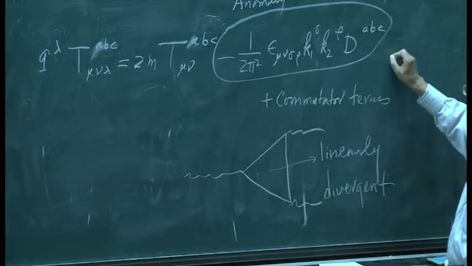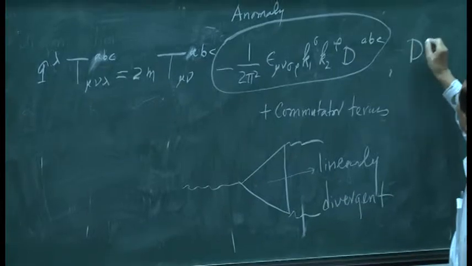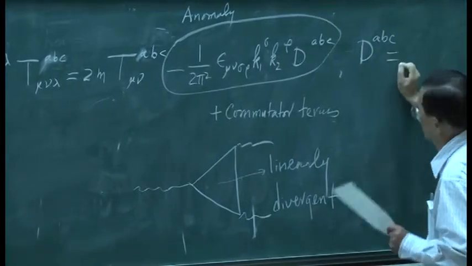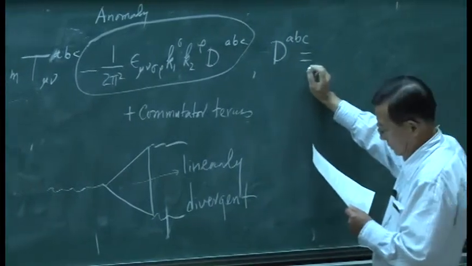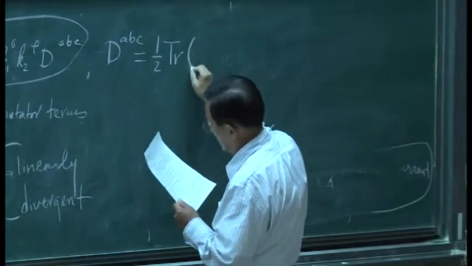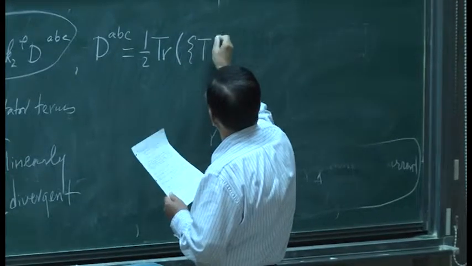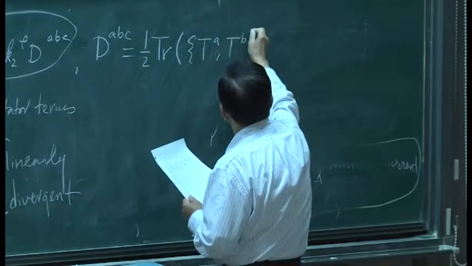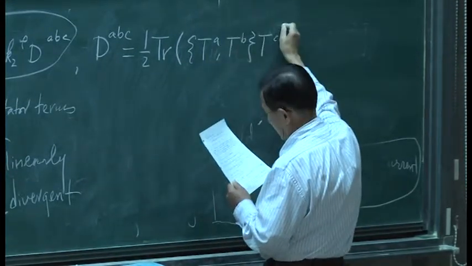Now let me just say d^{ABC} is equal to 1/2 trace T^A T^B T^C.